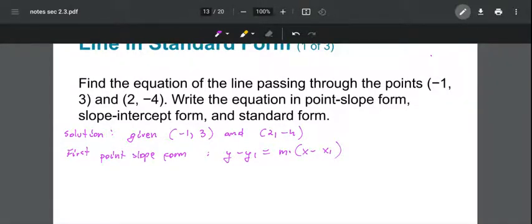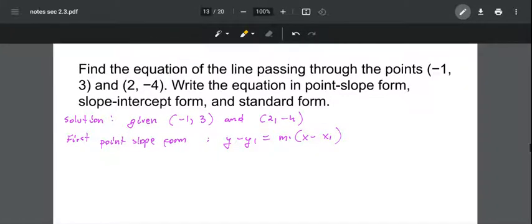So we need to figure out what the slope is. Find the slope using the formula m equals y2 minus y1 divided by x2 minus x1, where x1, y1 are the coordinates of the first point and x2, y2 are the coordinates of the second point.